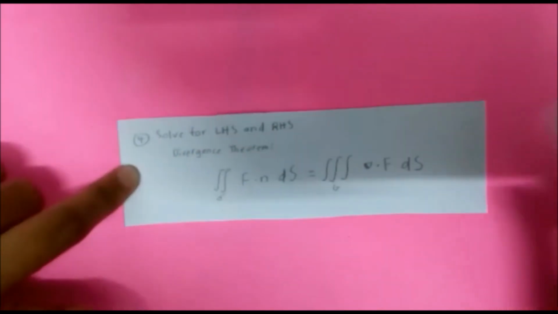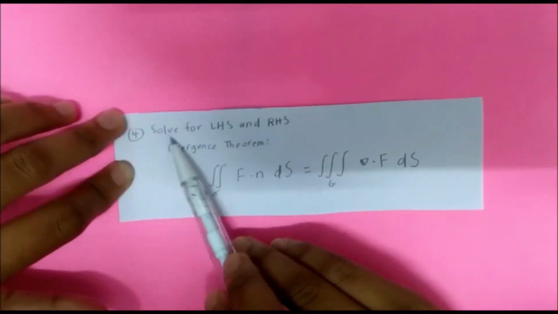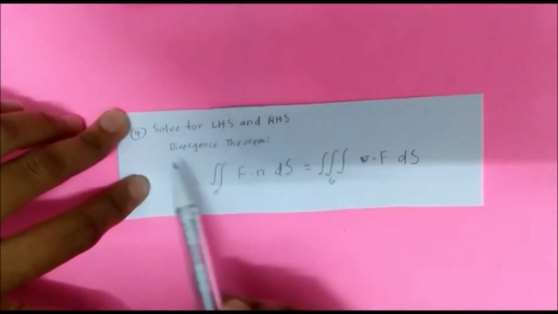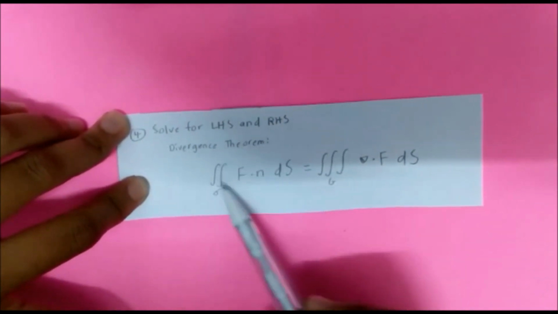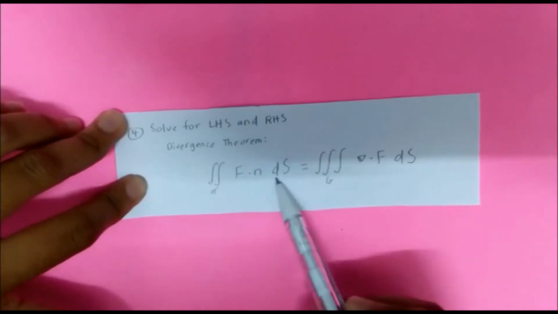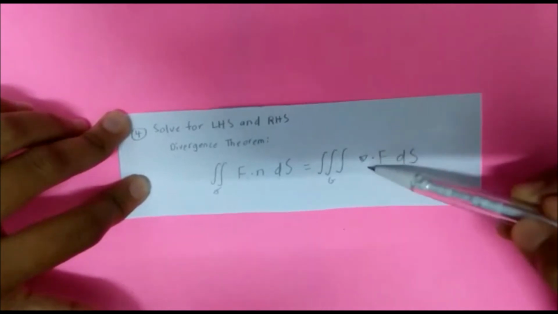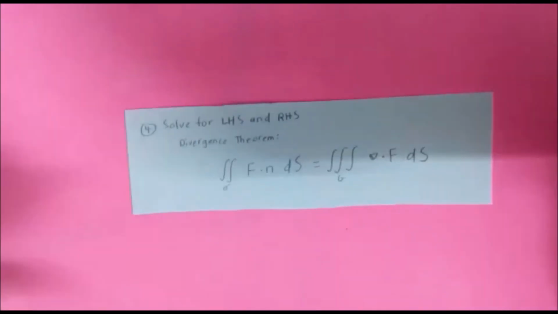Okay, this is for the last step, which is to solve for LHS and RHS. We know that the divergence theorem states that the double integral of F dot n dS equals the triple integral of divergence F dV.